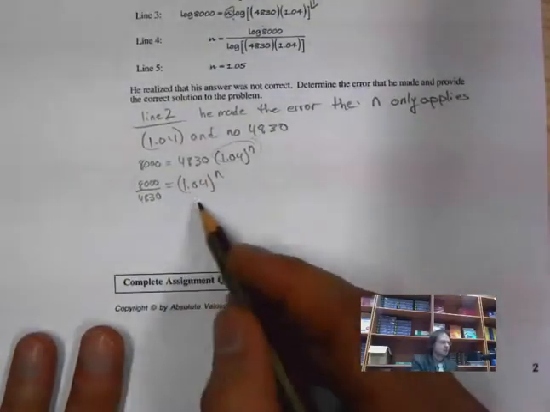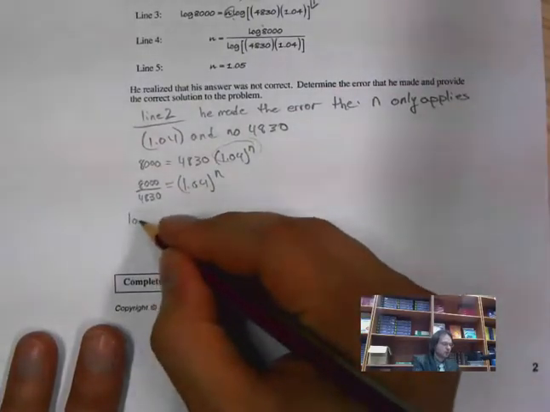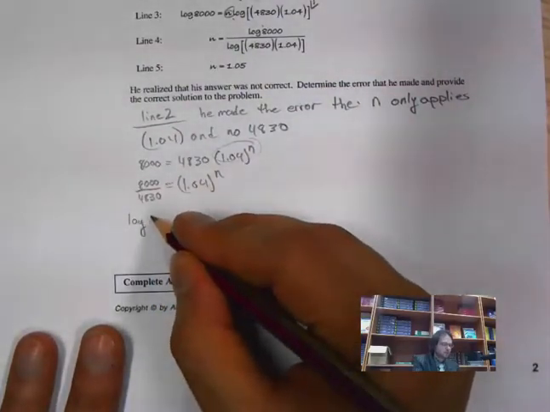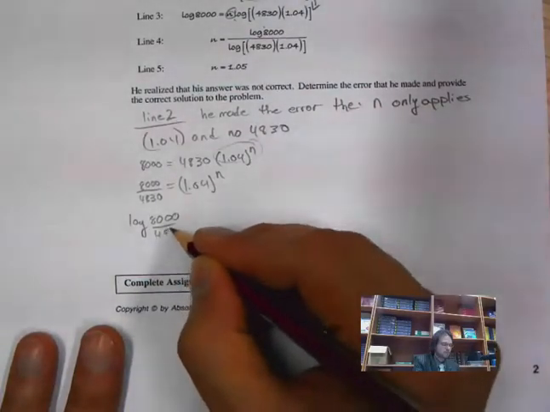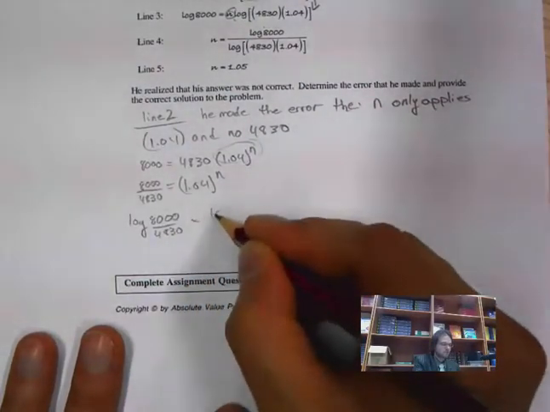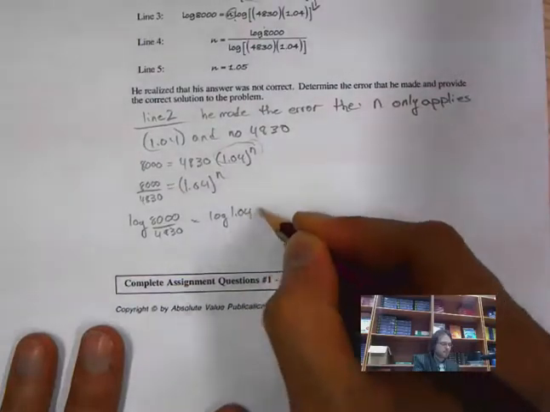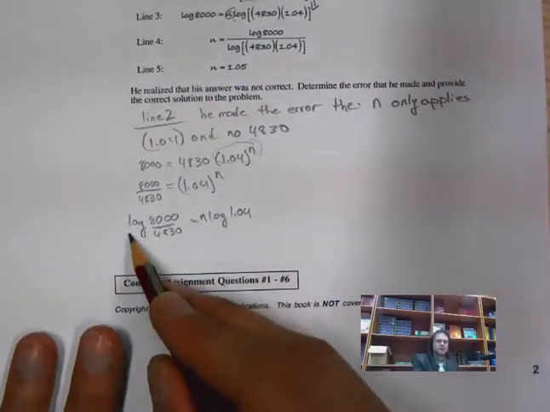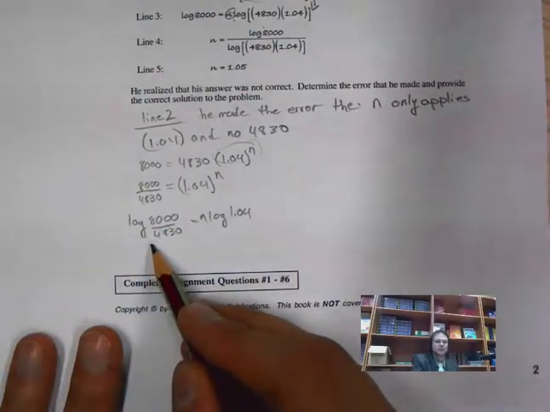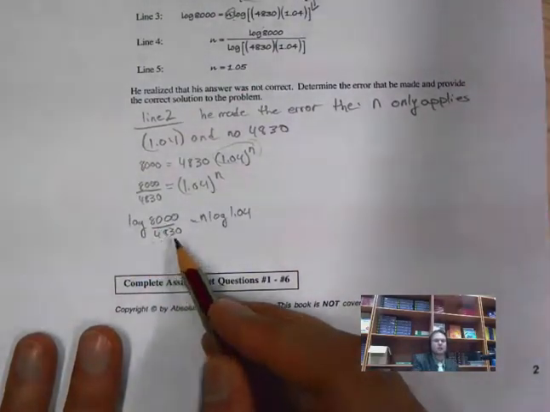So if I continue this, I'm just going to log both sides. So I get log and my n's in front. Now think of if we separated this. This is log 8,000 to subtract log 4830.